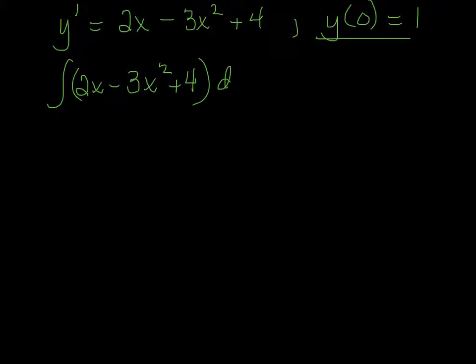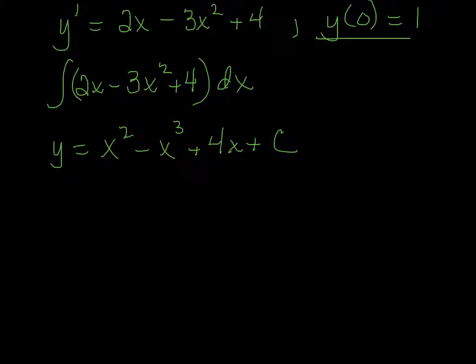And remember, if we integrate y prime, we'll get y. So we're going to get y equals, and then we're going to integrate. So we should end up with x squared minus x cubed plus 4x plus c. So that's going to be our setup for the equation for y.